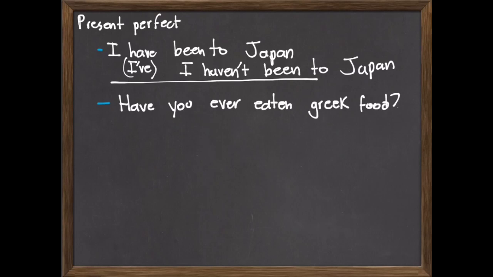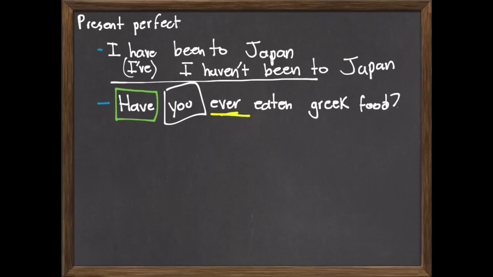Also, here's a question. Have you ever eaten Greek food? As you can see, we start with the auxiliary verb to have, then the noun of this sentence, here it's you, and we have added the word ever.